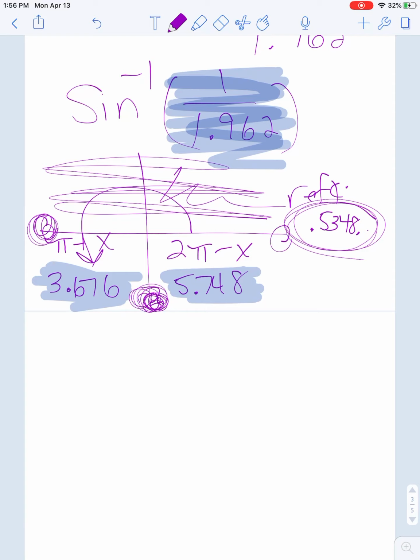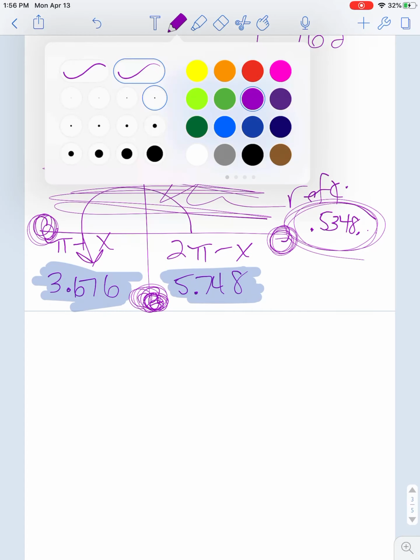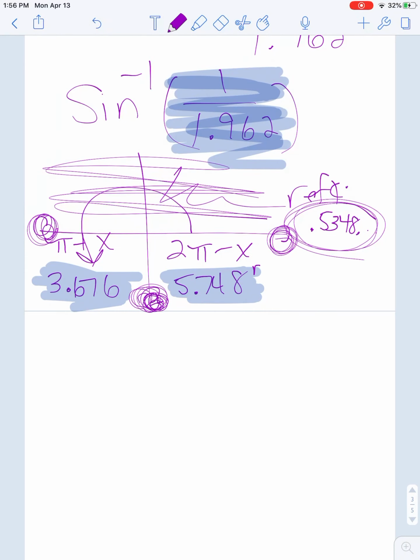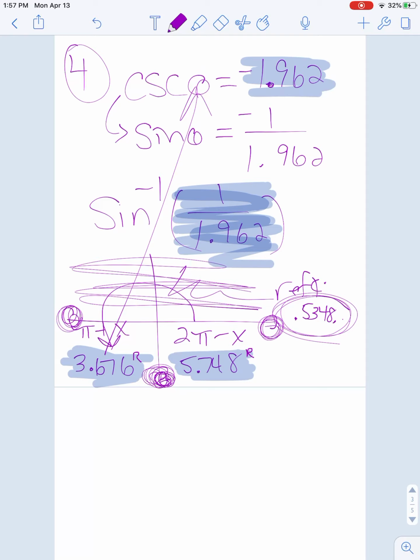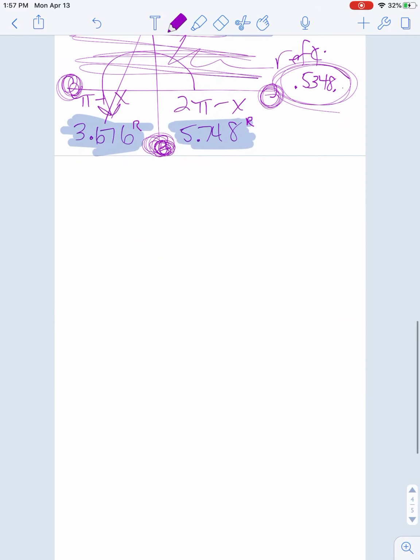Am I between 4.71 and 6.28? Yes. So what are my answers? These are my answers, not degrees, radians. I put the little R up there for radians. If I took 3.676 and plugged it back in here and checked it, I would get something pretty close. It wouldn't be exact because we rounded, but pretty close.